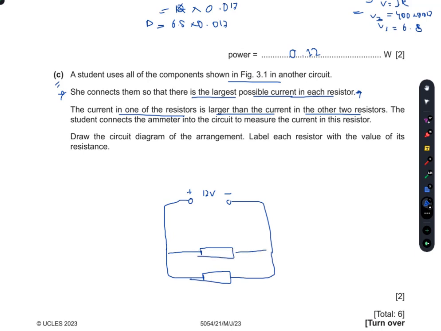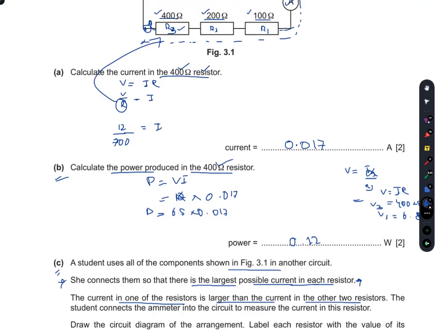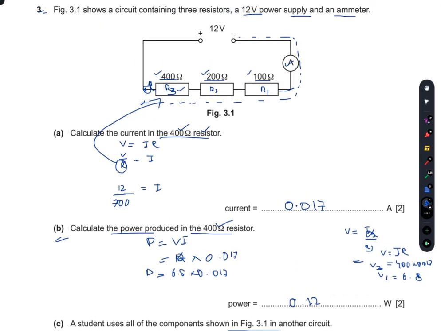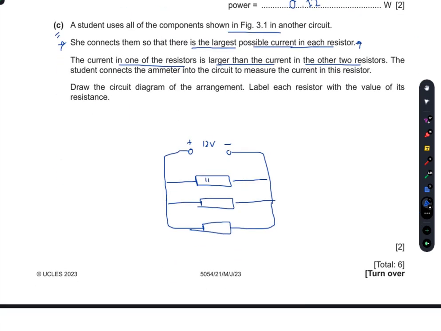And in these three resistances, one has the largest value of current passing through it. R1 has a resistance of 100 ohms, so definitely it will have the most current. So this is the 100 ohm resistor, this is the 200 ohm resistor, and this is the 400 ohm resistor.